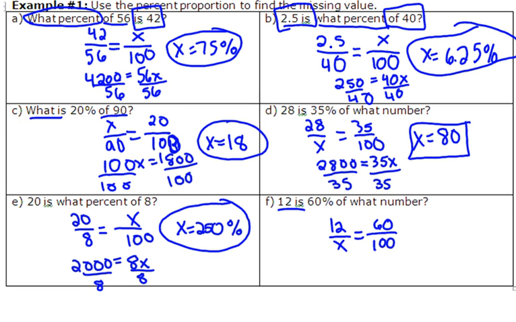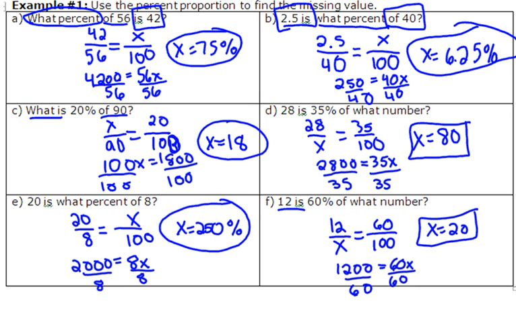The of is my unknown, so the x goes in the denominator. Now I just cross multiply. 12 times 100 is 1200. 60 times x is 60x. When I divide by 60 on both sides, 1200 divided by 60 is 20. So x equals 20.